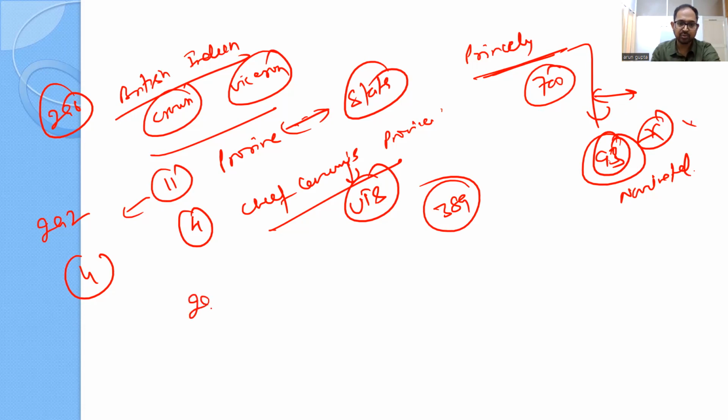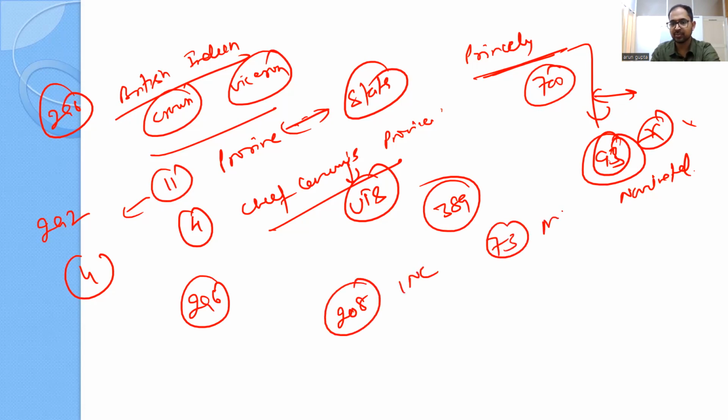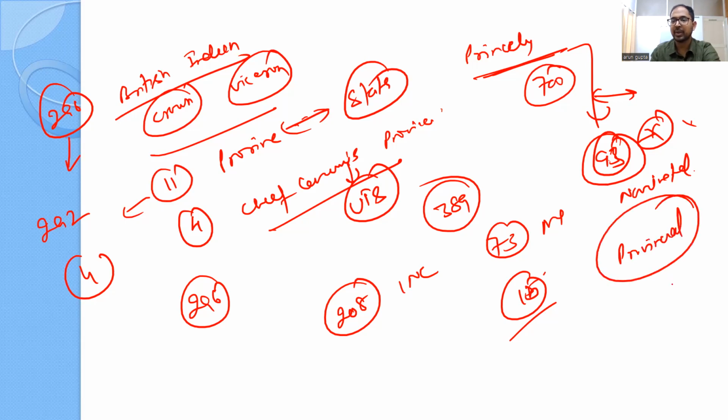In the elections, out of 296, 208 were won by the Indian National Congress, 73 by the Muslim League, and 15 by others. How did they get elected? They got elected from the provincial assemblies. The members of the provincial assemblies elected these based on 3 different kinds of reservation, we can say.